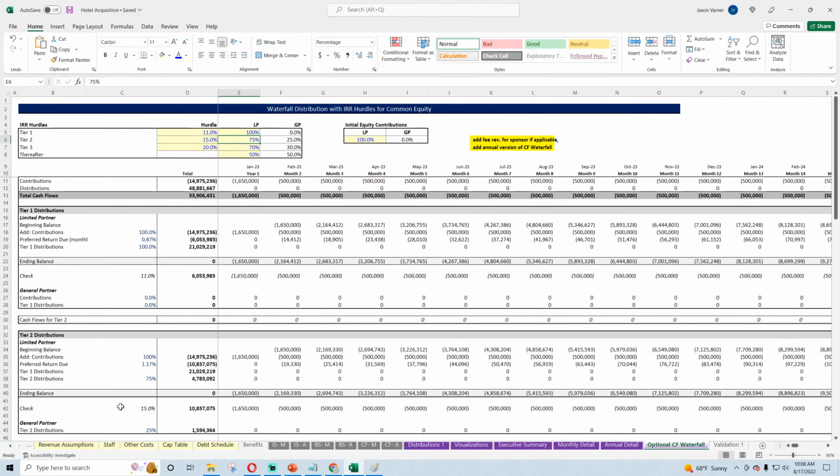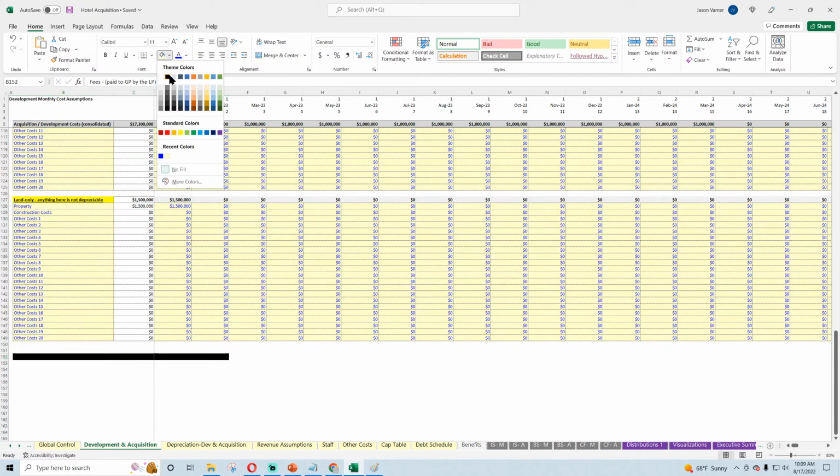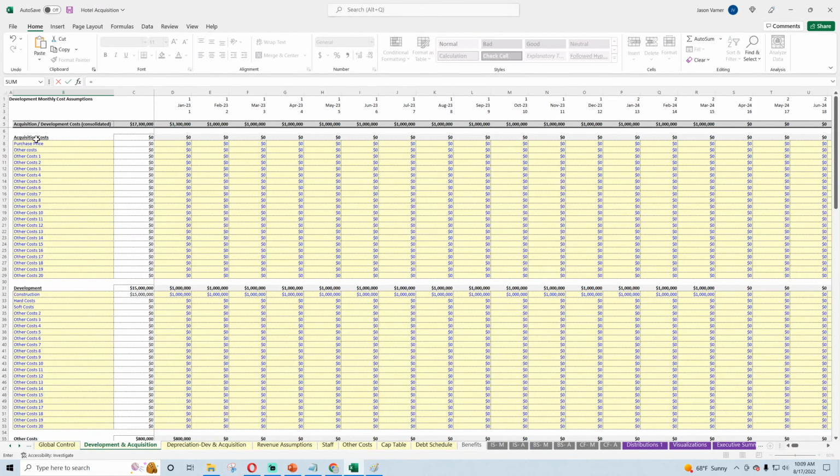So what I need to do first is put these fees in here. I'm just going to put this in black. It's white. And I'm just going to reference the actual title because this could change. No, this is pretty static. So any acquisition stuff. What do we want to label this?